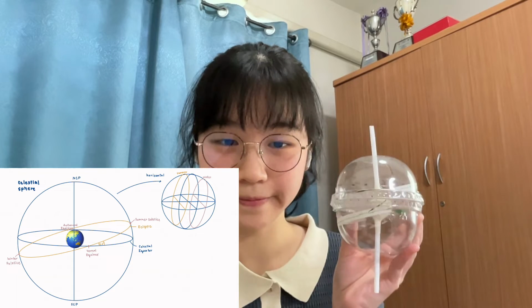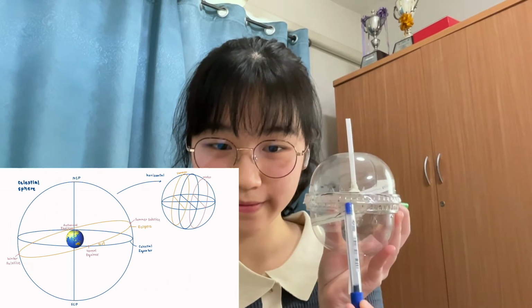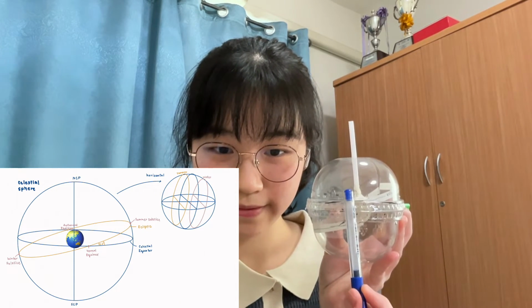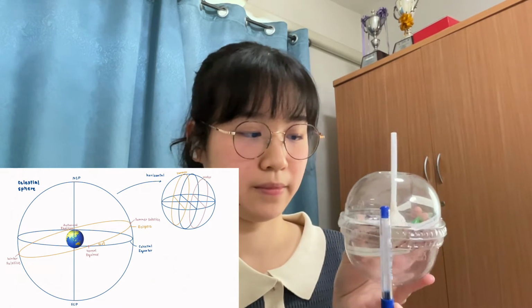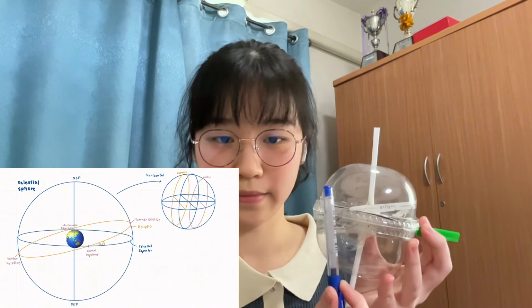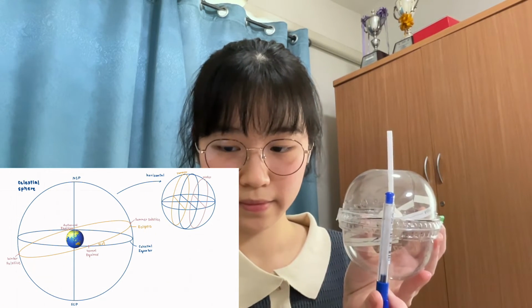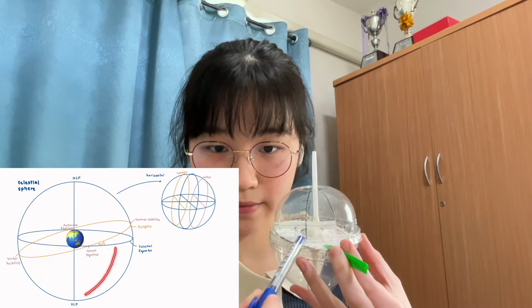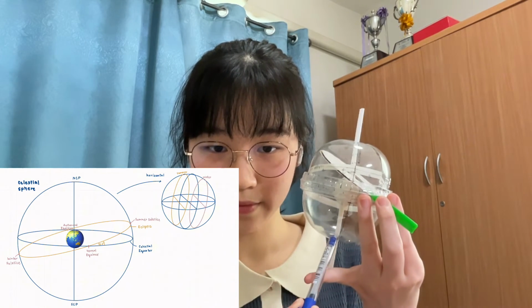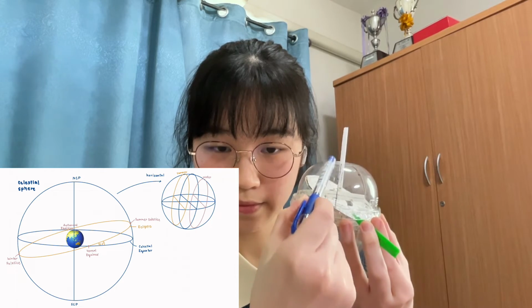In the equatorial coordinate system, the reference point is the vernal equinox, where the celestial equator intersects the ecliptic, and the reference plane is the celestial equator. Declination is the angular distance of a celestial object north or south of the celestial equator, ranging from -90 to 90 degrees.